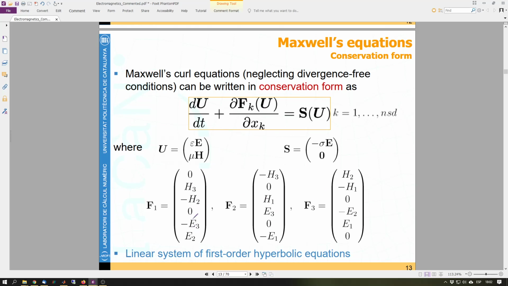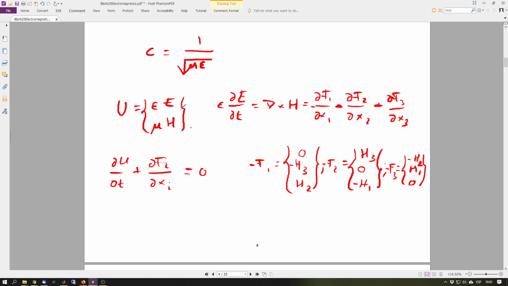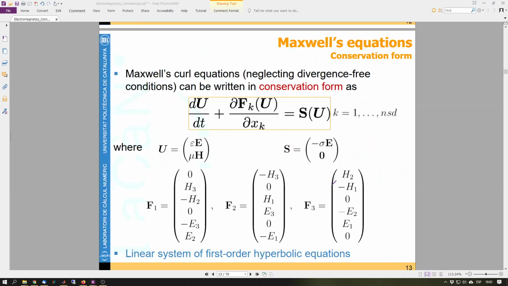In the second block we have exactly the same thing but with the opposite sign, because I remember that we have mu times the derivative of h with respect to t equal to minus the rotational of e. So for the second block, we should have exactly the same thing, but with h replaced by e and with a minus sign. Okay, and that's what we do have.